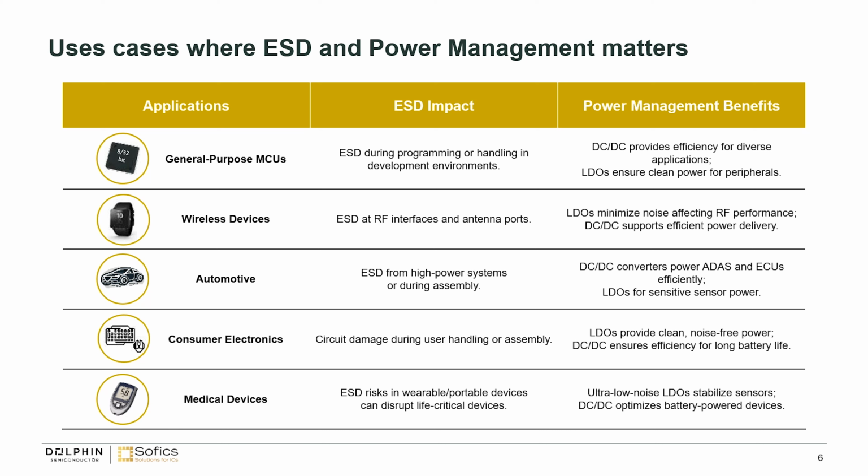One may request 100 milliamp, while the other one can go to 4 amp, 6 amp, or 8 amp. And therefore, the DC to DC or the LDO you're going to design is going to be completely different. The ESD impact is going to be completely different. And together, the two companies offer solutions that are capable to support from the low end to the high end solutions.